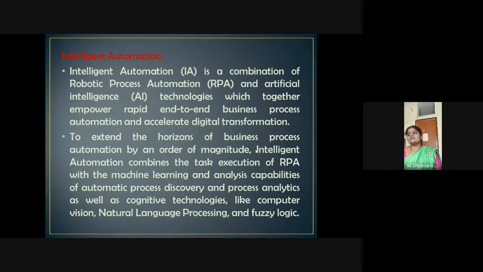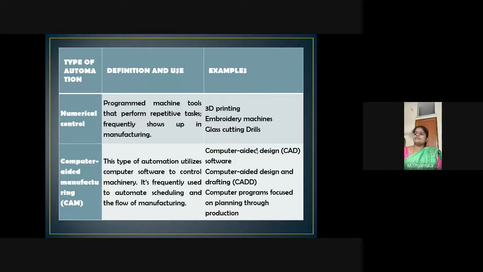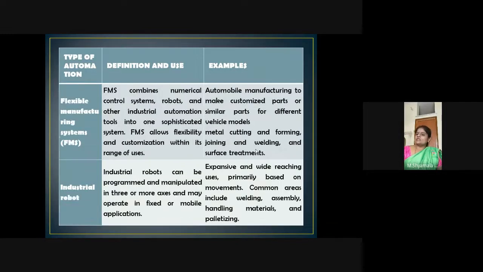Intelligent automation is a combination of robotic process automation and artificial intelligence, which together empower rapid end-to-end business process automation and accelerate digital transformation. So there are different types of automation. One is numerical control, another is computer aided manufacturing, another is flexible manufacturing systems, and another is industrial robots.